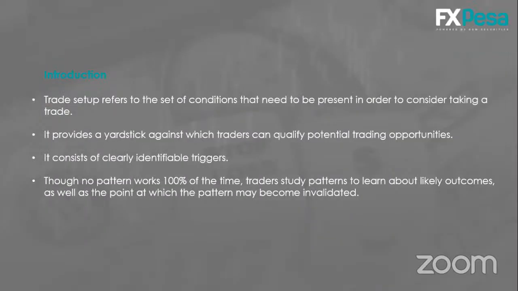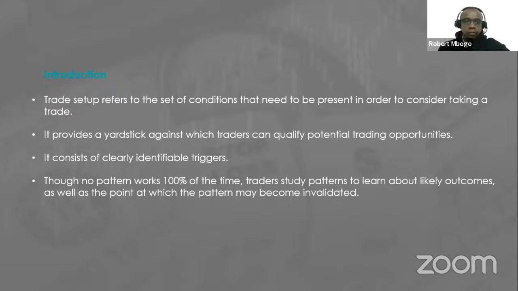So a trade setup refers to a set of conditions that needs to present itself in order to consider taking a trade. It's upon certain events or certain triggers manifesting.